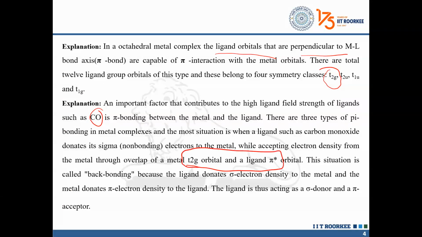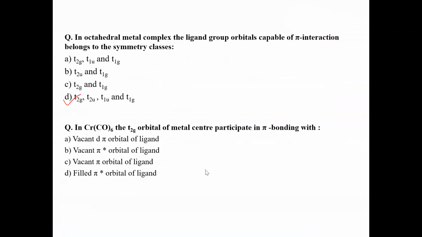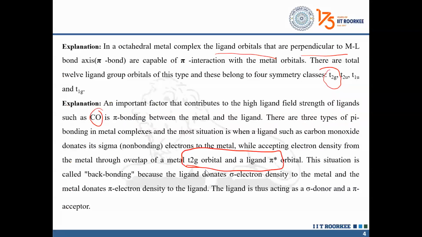As I discussed in the last assignment, a pi star antibonding orbital is available for donation from the metal. The situation is called back bonding, because the ligand donates sigma electron density to the metal, and the metal donates pi electron density to the ligand. So this ligand is thus acting as a sigma donor and pi acceptor.